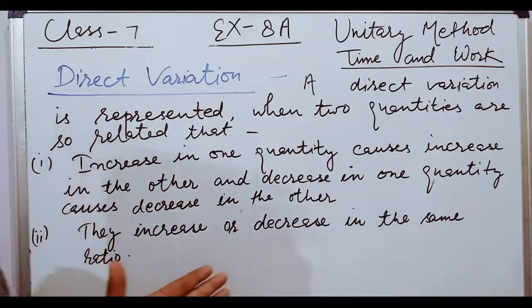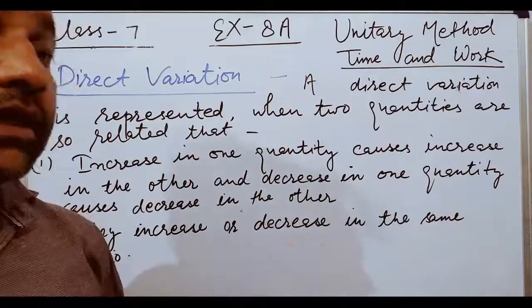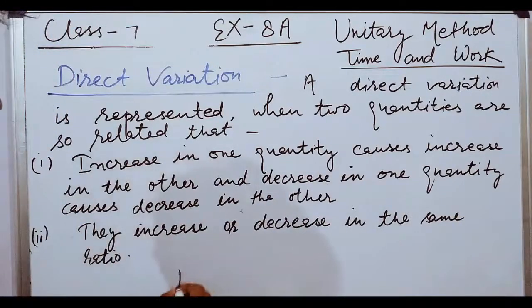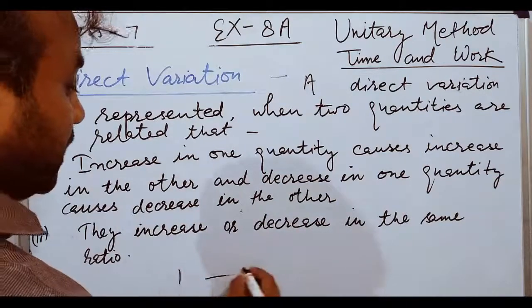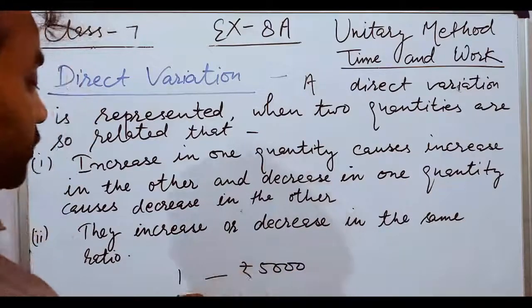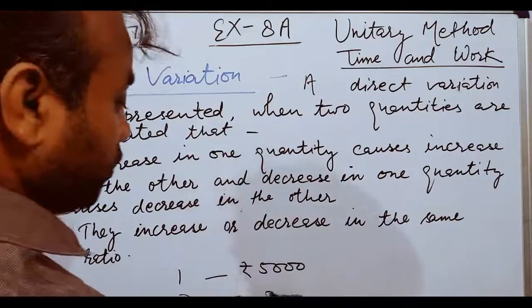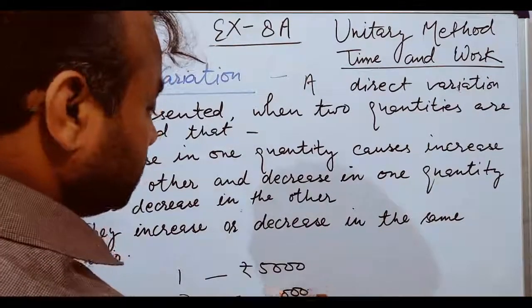Suppose the monthly salary of one man is 5,000. So the salary of two men will be 10,000.